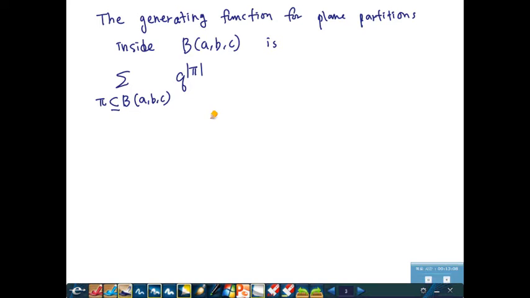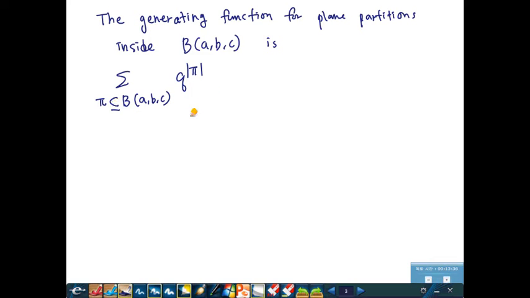So this is what I mean by the generating function for plane partitions inside this box. We add up plane partitions inside it. So this is not an infinite power series. It is a polynomial indeed, right? Because we have finitely many terms here. There are only finitely many plane partitions inside a given box, because the box size is also finite. Okay?